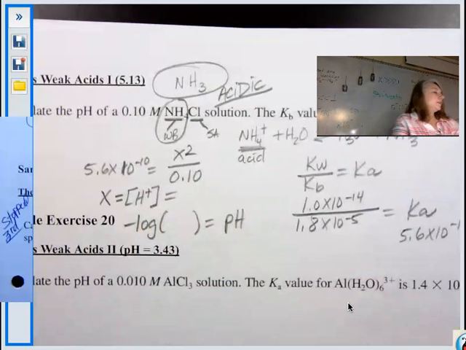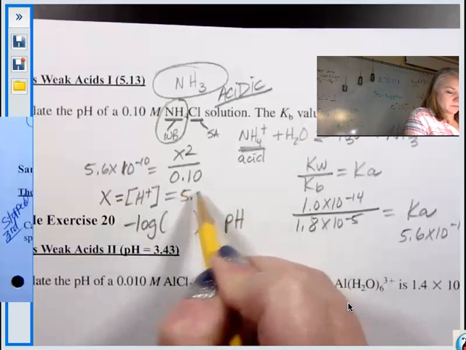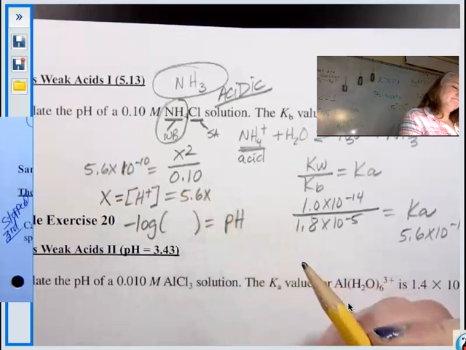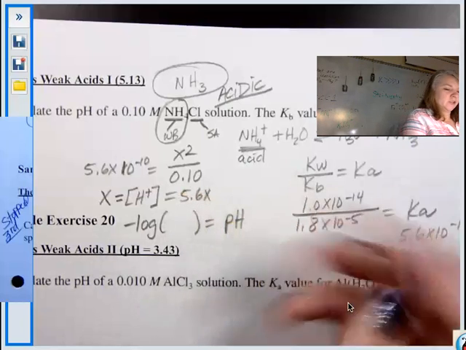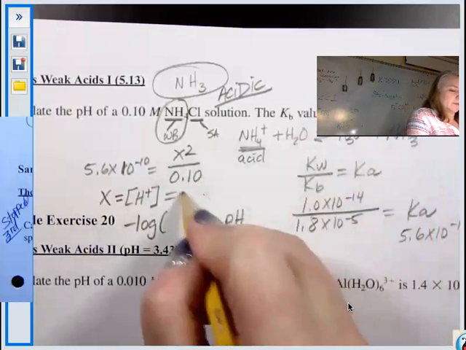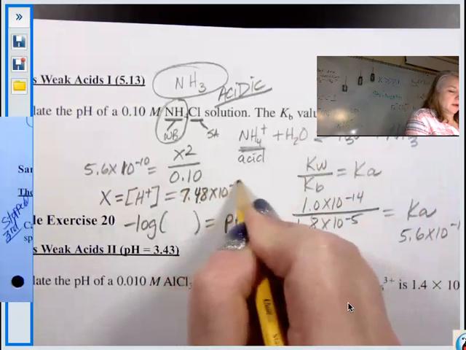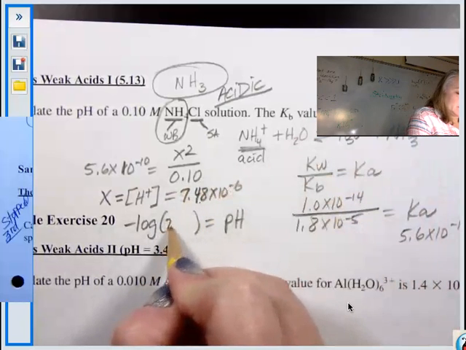Whenever somebody gets the x value, please feel free to call it out. Would x be 5.6 times 10 to the negative 11? Yeah, did you take the square root? 7.48 times 10 to the negative 6. Okay. All right, and then we're going to take the negative log of that.